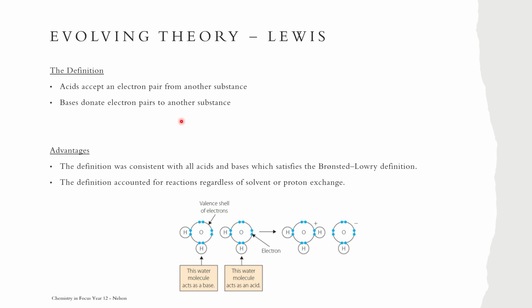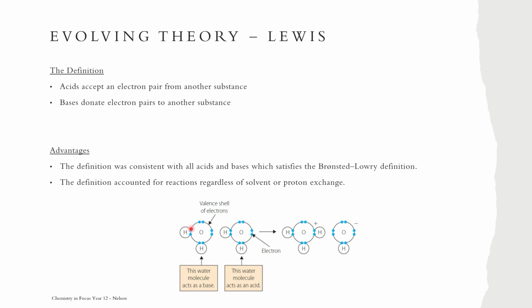So by the definition, we're told that acids accept an electron pair from another substance and that bases donate electron pairs to another substance. This is very advantageous because it still works with Bronsted-Lowry, but as I said before, we can look at acid-base interactions without worrying about the solvent or whether or not there is an exchange of a proton.